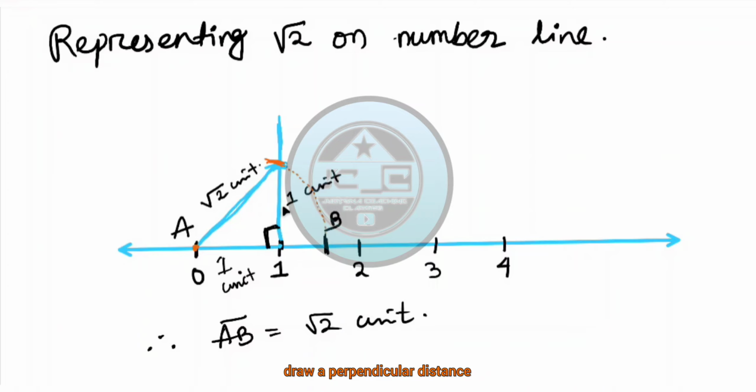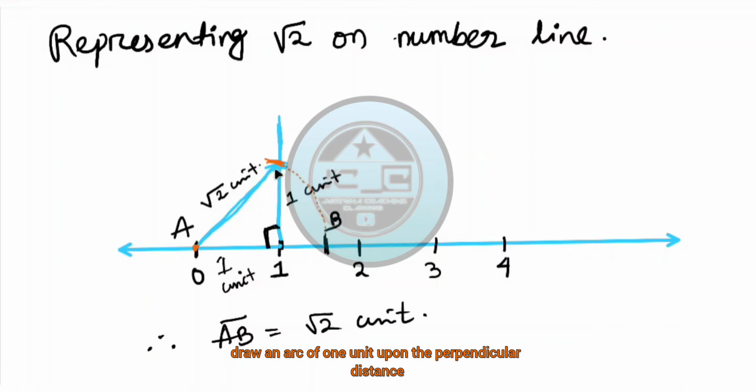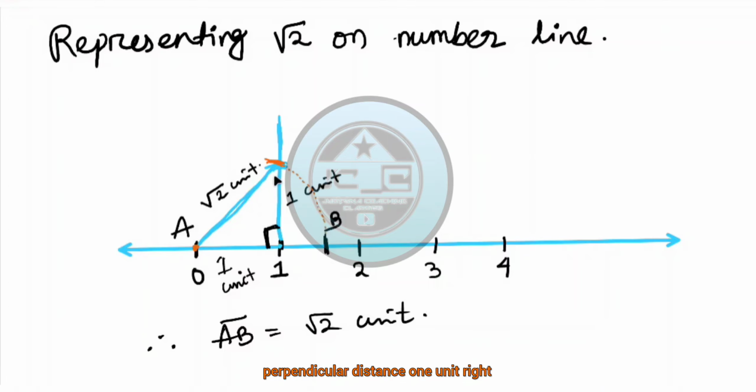Draw an altitude, a perpendicular, then measure 1 unit and mark it here, and draw an arc of 1 unit upon the perpendicular, right? After drawing that, connect these 2 points, then you would have √2 unit. The hypotenuse, this distance is √2 unit, and how do we represent it on the number line?